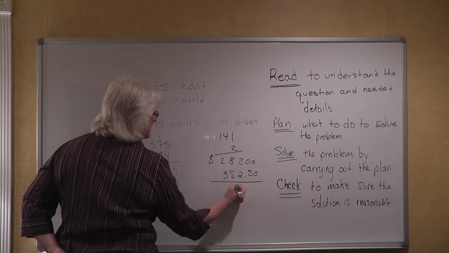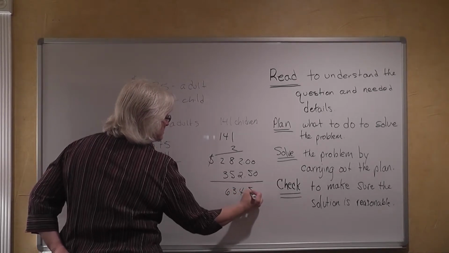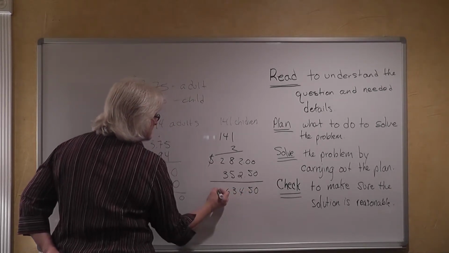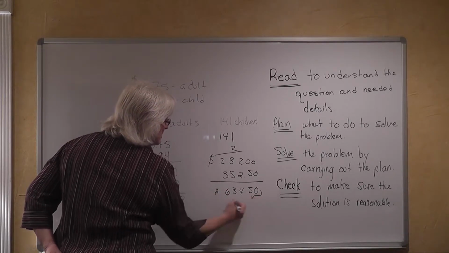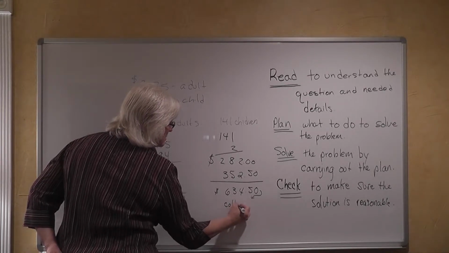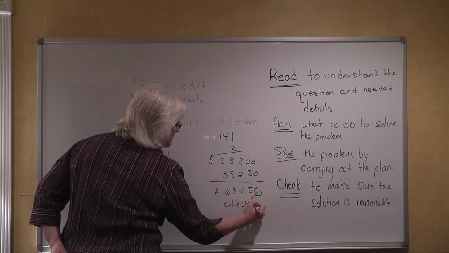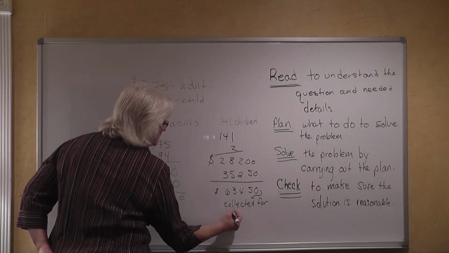You add those together, you have $634.50. And then you would say that this is the total receipts for the play, collected for the play.